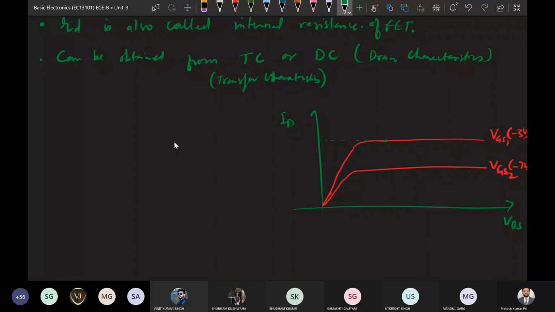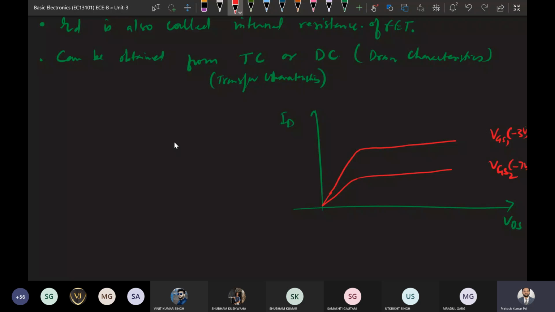Practically, the current is not exactly constant, it has some increasing value. Here suppose this is one current value and this is another current.